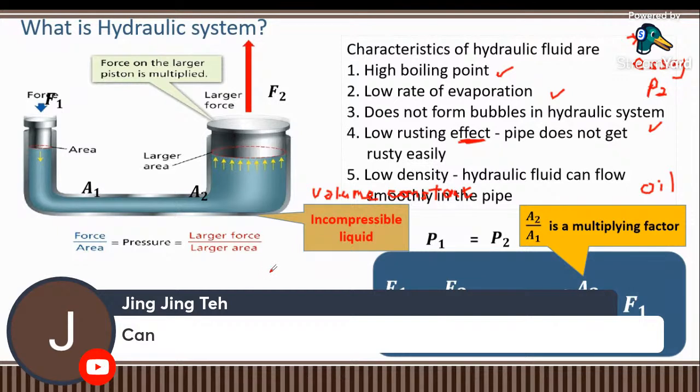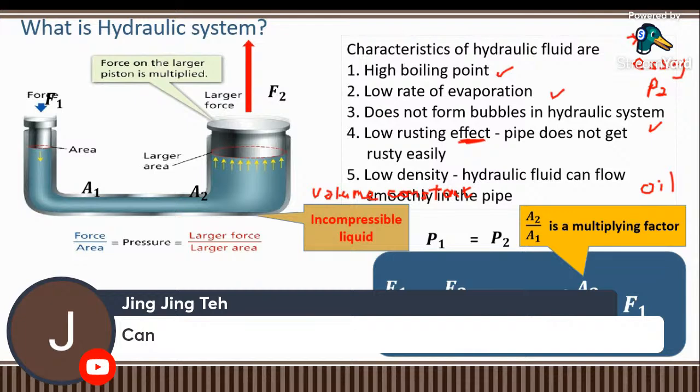Oil brake, brake kereta. Sebab oil ni incompressible liquid, high boiling point, low rate of evaporation, does not form bubbles, but longer period must go for service lah. Pun kena service juga, check takut ada bubble. Low rusting effect, low density.